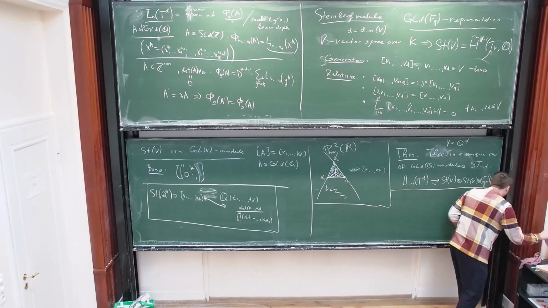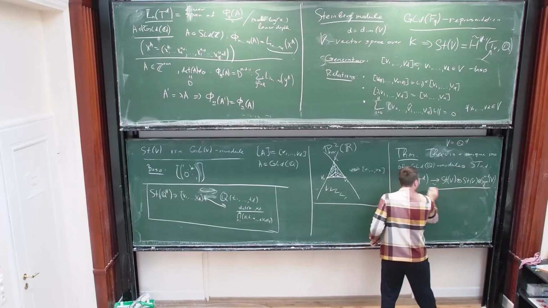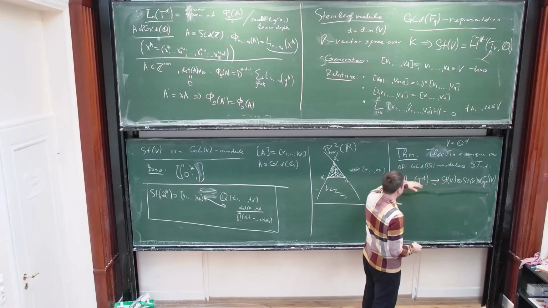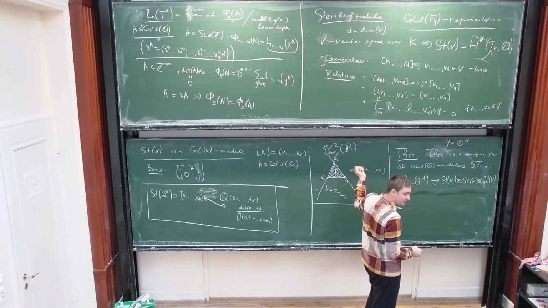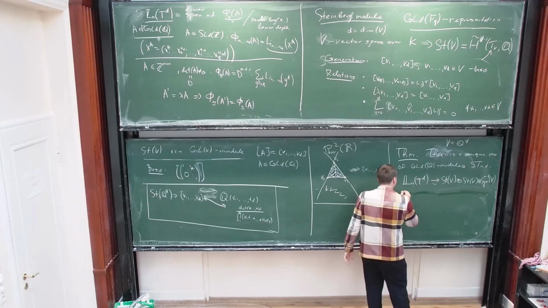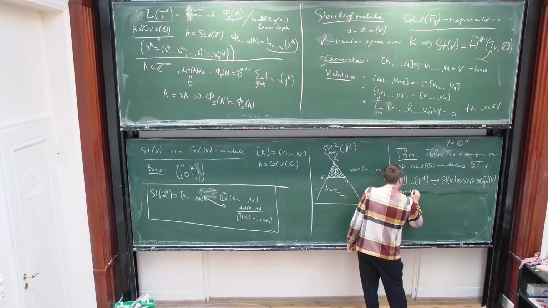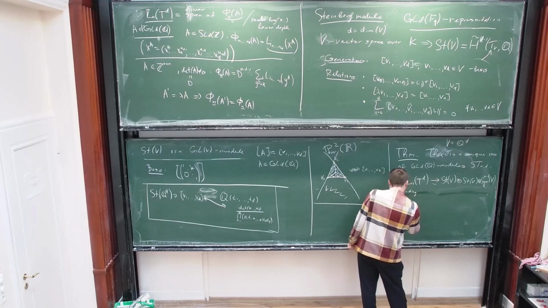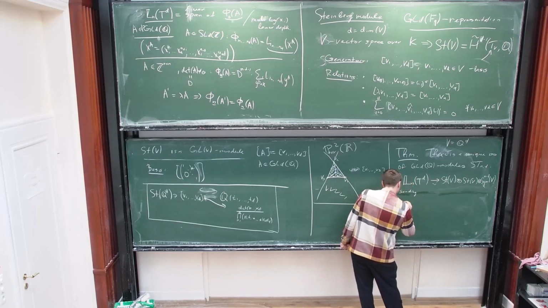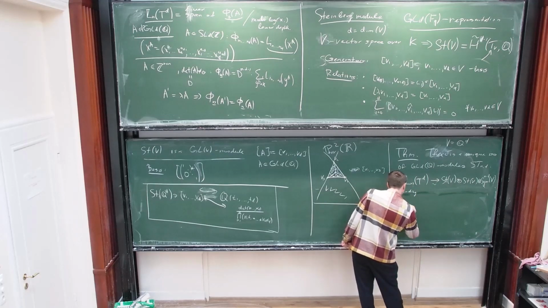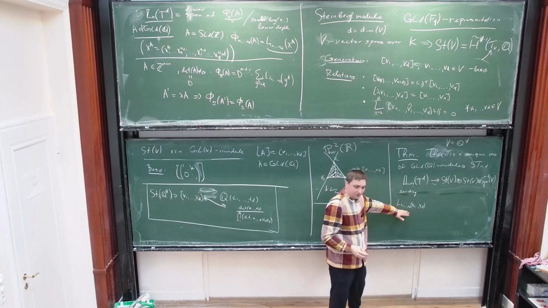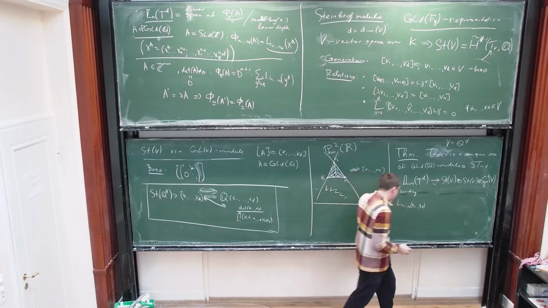So the statement was there is a unique, and it's not true, at least we don't know if it's true when I write it like that, but there is a unique one which sends the generators to some special elements. I don't only need to do it on the generators of the GLD module, so I just pick the standard one.